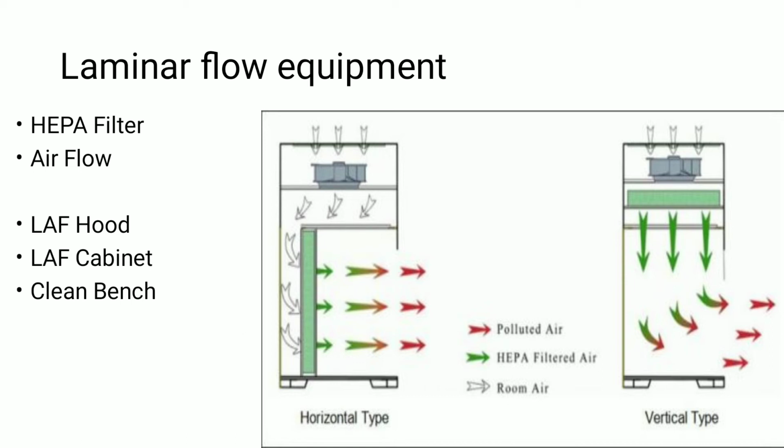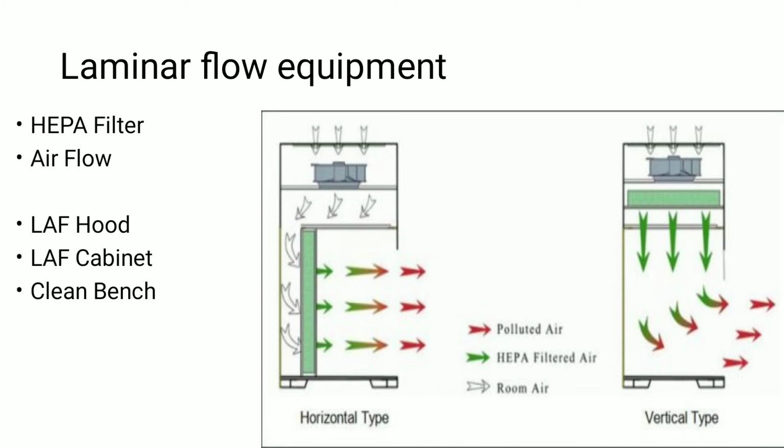The name itself indicates high efficiency particulate air. That means they are filtering the particulate matter, they are filtering the different particles, and then they are passing that air into the system. Now in this diagram you can look out, two different types of laminar airflow are shown.